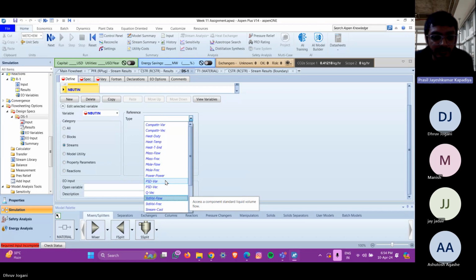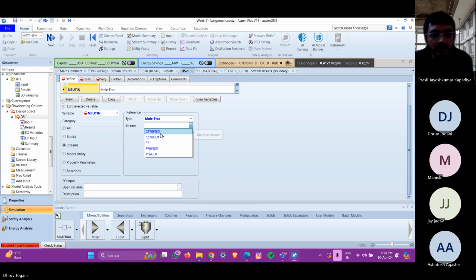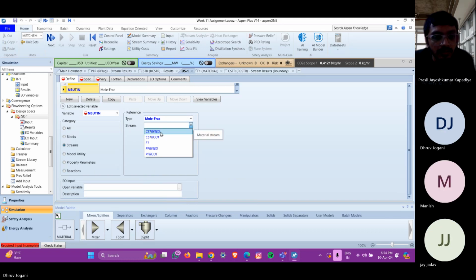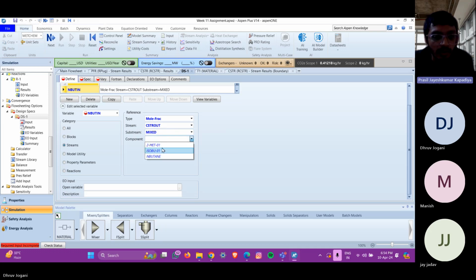Mole fraction, product. Okay, CSTR outlet.